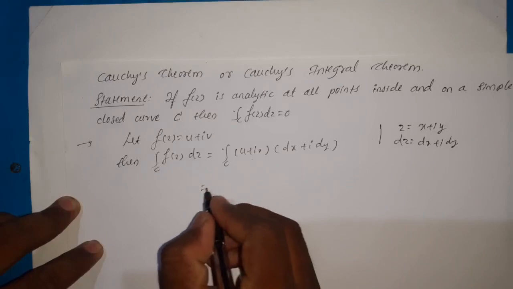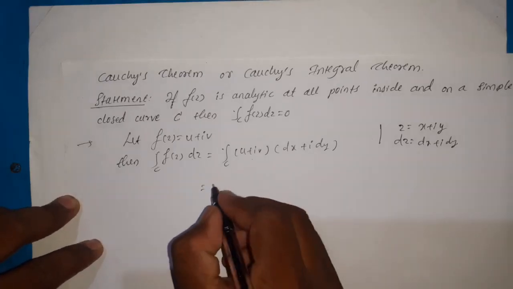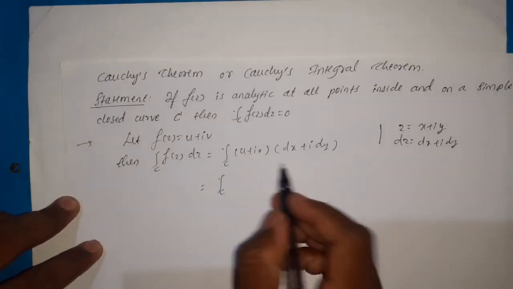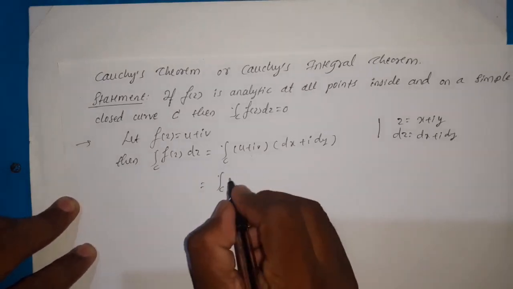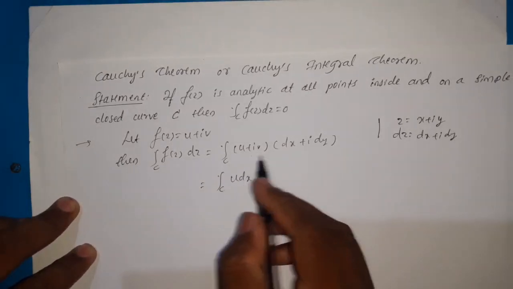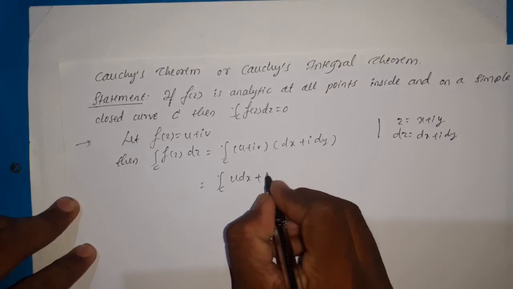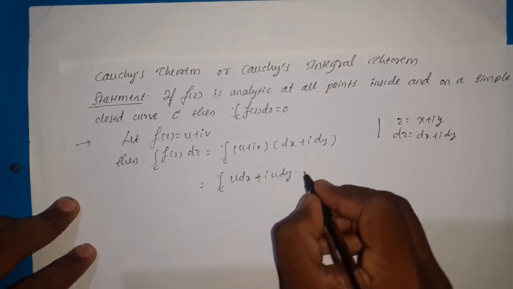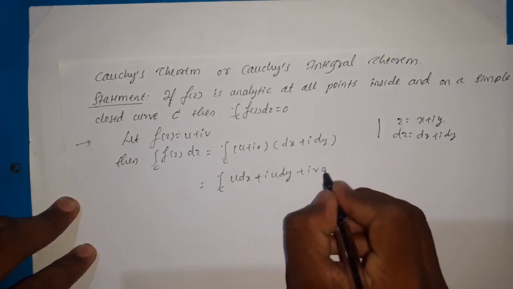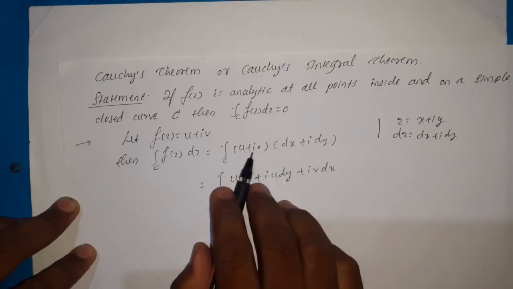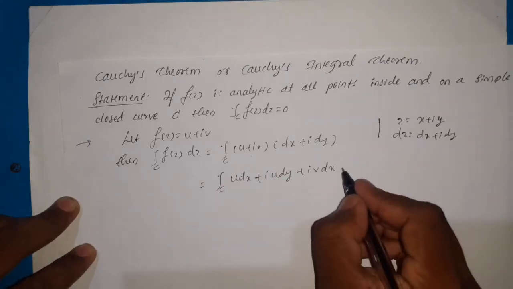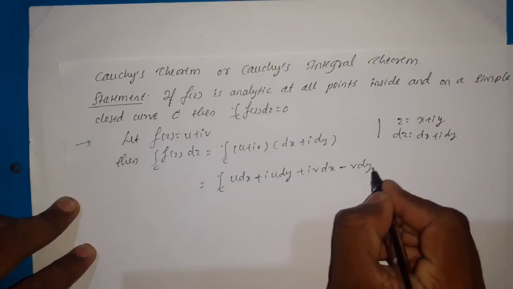Then this is equal to integration over c. Now multiply these two, that becomes u dx plus i into u dy plus i into v dx. Here i into i becomes i square, that is equal to minus 1, v dy.